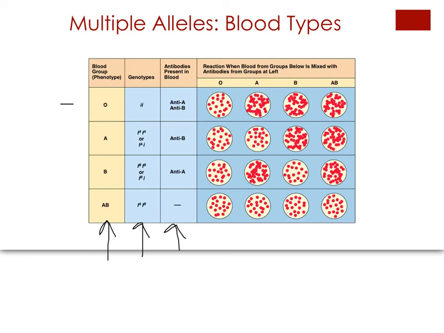So again, someone who has type O blood has both A and B antibodies present. So if they mix with their own blood type, that's fine. But if they mix with any other blood types, A, B, or AB, the antigens on those blood types will react with the antibodies in their own bloodstream and cause clumping. So what you see there is blood that's clumping.